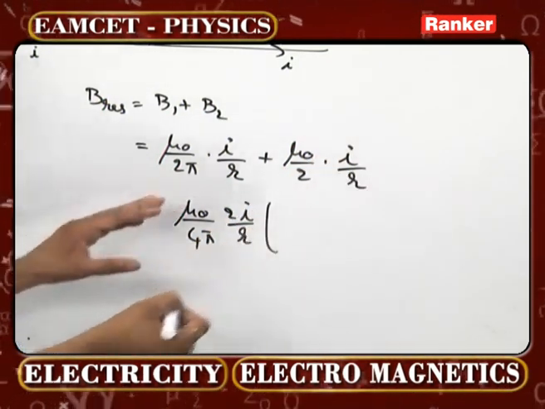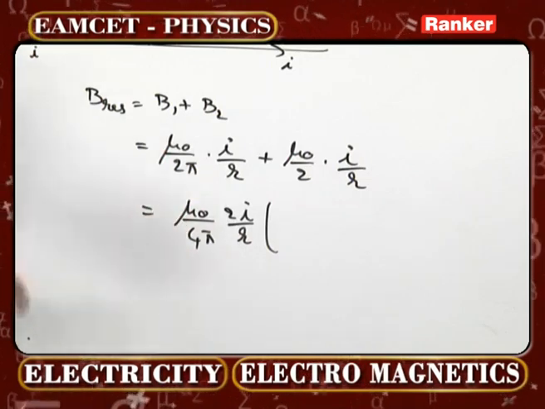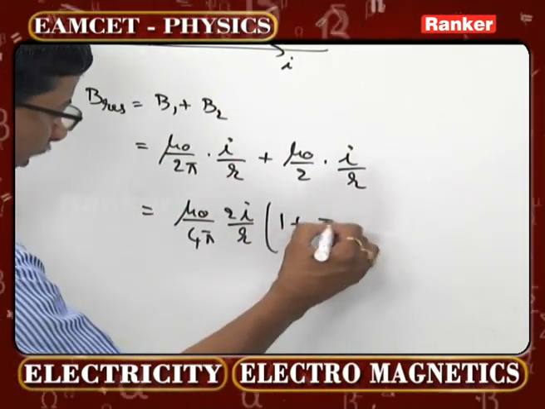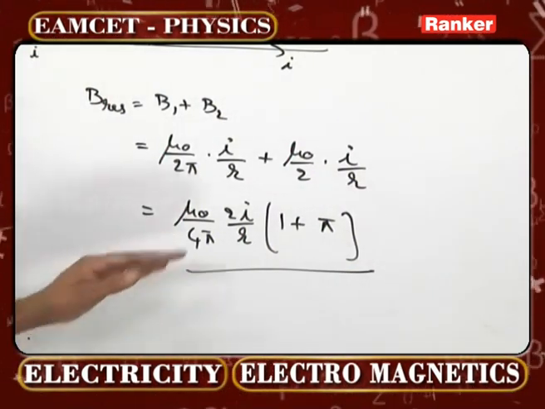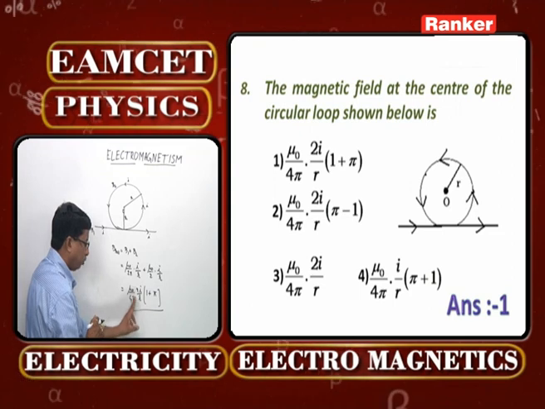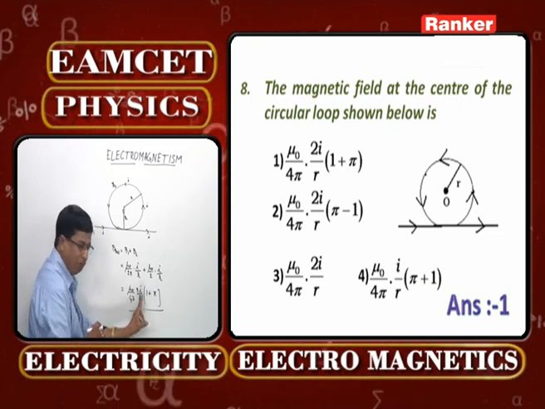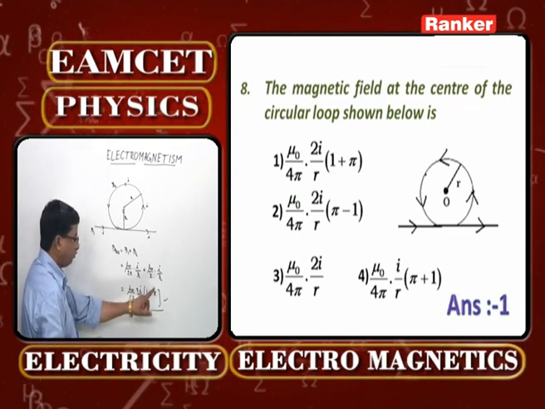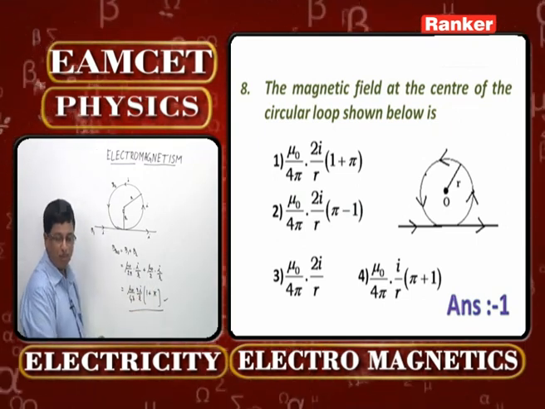That means mu naught by 4 pi, 2I by R. Here you will be left with 1. Here you will be left with pi. That is the point. So, what will be your answer corresponding to this? Mu naught by 4 pi into 2I by R into pi plus 1, or 1 plus pi. That is going to be the first option for us in this problem number 8.